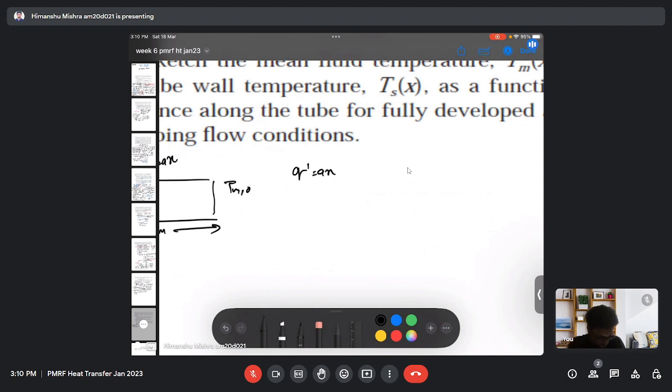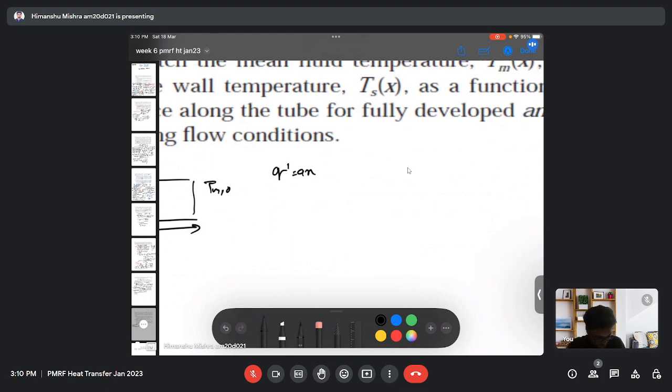So we will be using a very small element inside the tube. Let's make a small element and define the small area. This is my surface temperature Ts, which is a function of x, and here is my mean temperature.